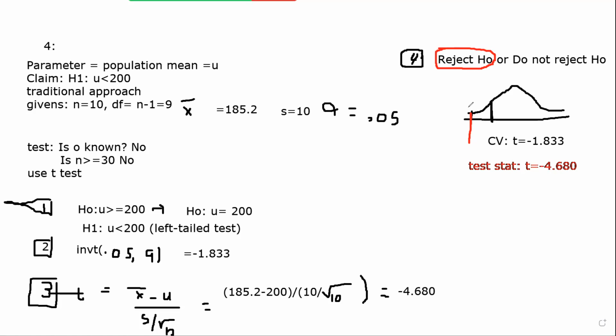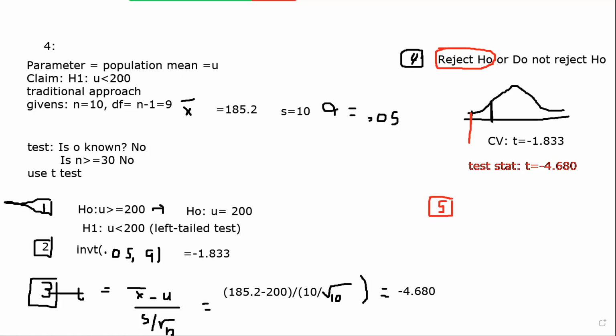Because it's in the region, we reject the null. Okay. And then step 5, we conclude and we summarize. So here, we're going to say, based on the fact that we rejected the null and our claim was the alternative, remember?